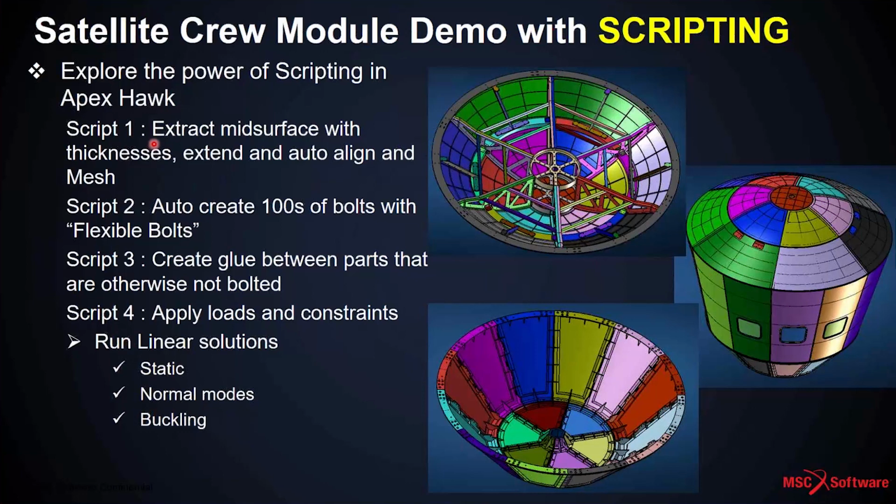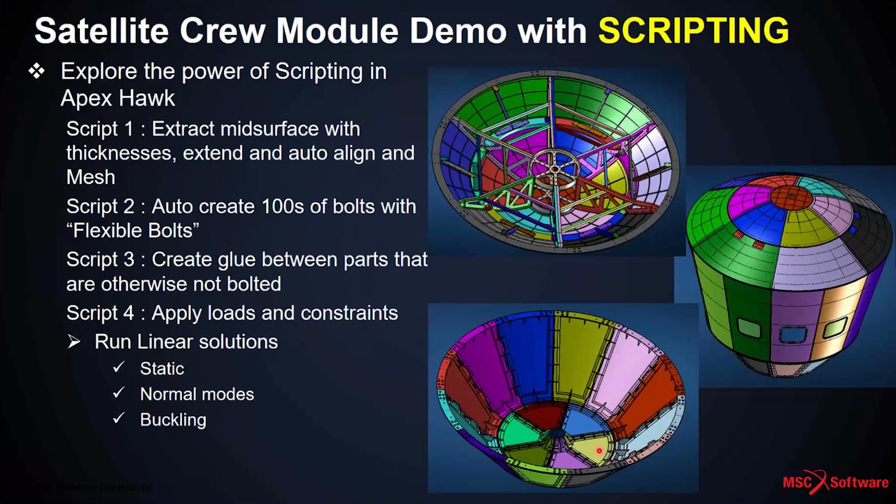Script number 1 is basically to extract the mid-surface, assign thickness automatically, and auto-extend all the faces with a new logic that is built in, and mesh that. That is script number 1. The second script is to create the fasteners in hundreds of locations in this model, and also to create the glue to glue the parts where they are not really bolted.